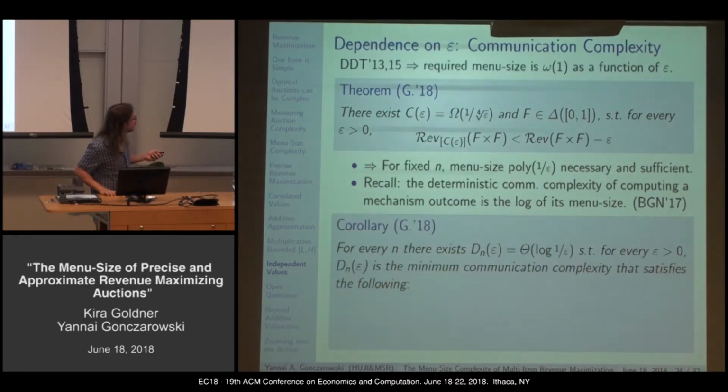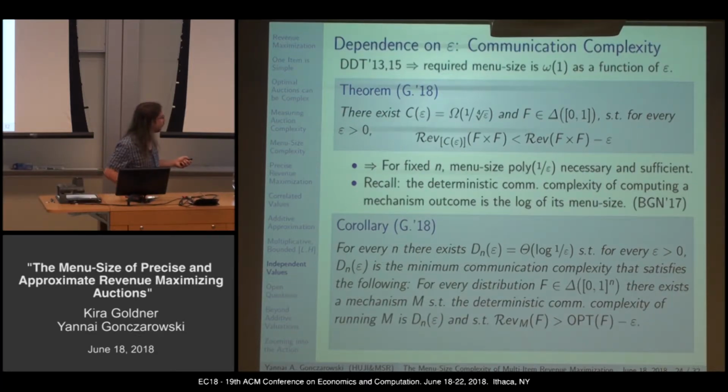This basically gives us a tight result on the communication complexity. It says that for fixed n, theta of log 1 over epsilon, meaning log 1 over epsilon up to a constant, is the minimum communication complexity that satisfies the following.